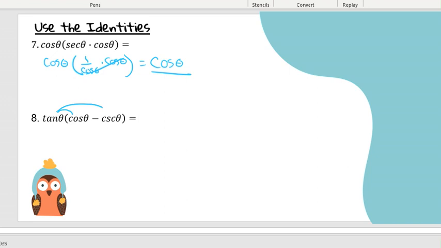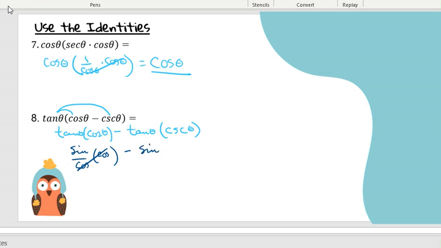Tangent is going to be, now there's two ways to do this. You could go ahead and distribute this first and get tangent times cosine minus tangent times cosecant. And then go back and fill in everything that everything is equal to. So tangent is sine over cosine times cosine. Those cancel.